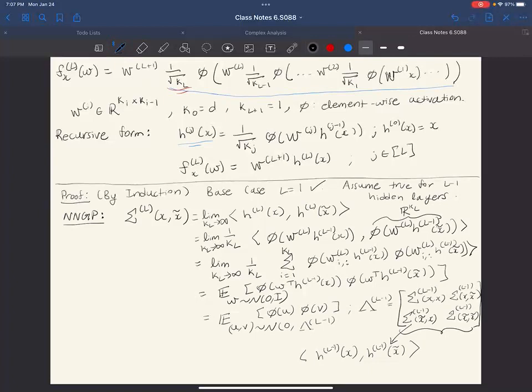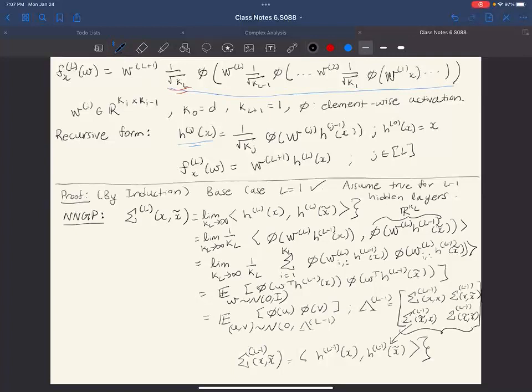So K L minus 1 has already gone to infinity here. And so in this case, this inner product is exactly sigma of L minus 1 x tilde. That's just by our inductive hypothesis. That's what we had started out with and were trying to prove for L, but we assumed it was true for L minus 1. And so we are good to go.